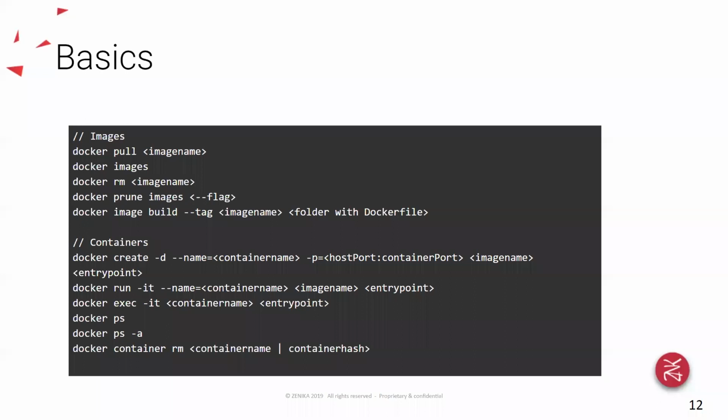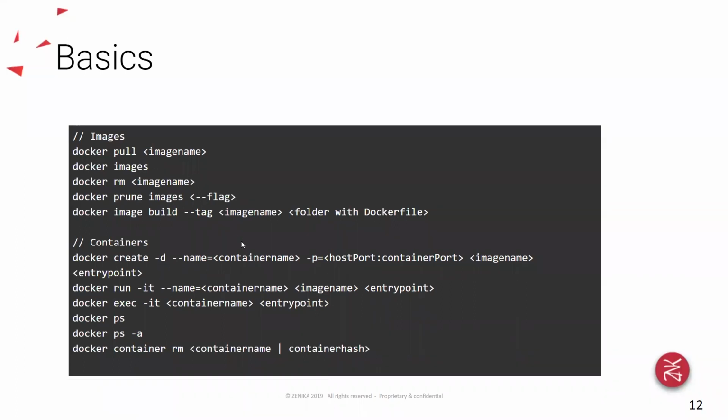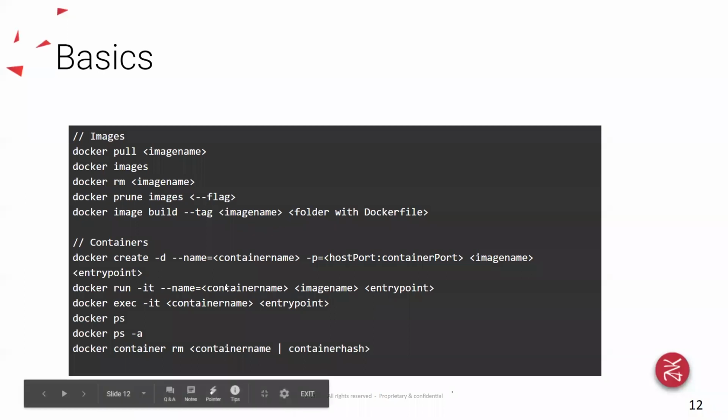For a container, we can create a container from an image using the docker create command. The -d flag means that it's going to run in the background. Rather than starting in the same process as the terminal where we're writing our commands, it's going to run in the background, so it's running in detached mode. We can pass the name of a container using --name.